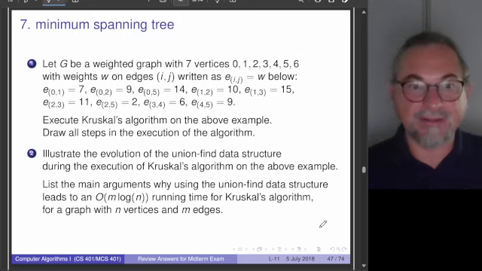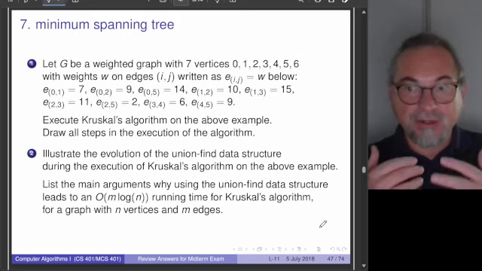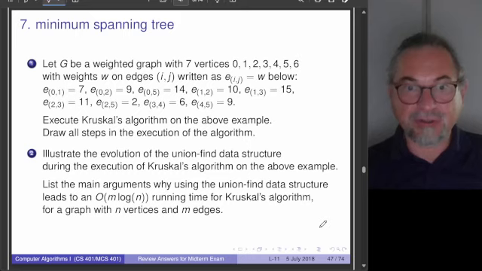Because it's an efficient algorithm, Kruskal runs in time m log n. So the m is the number of edges, which can be quadratic. So it could still be a sub-cubic running time in the number of vertices. But with the union find data structure, we have shown that we have an m log n bound.